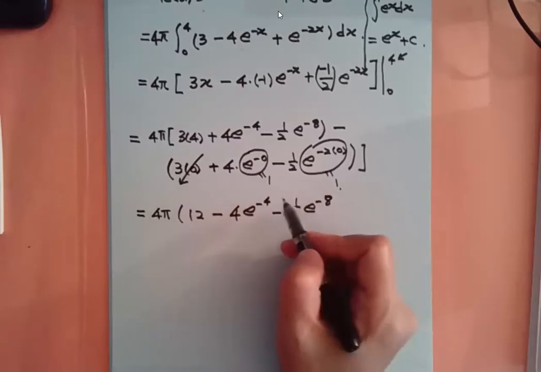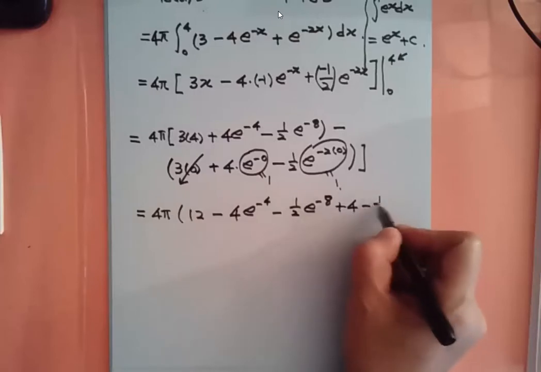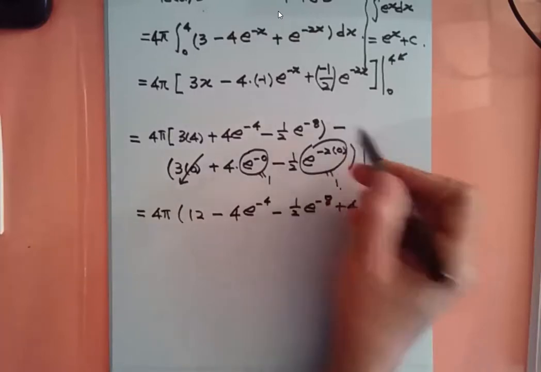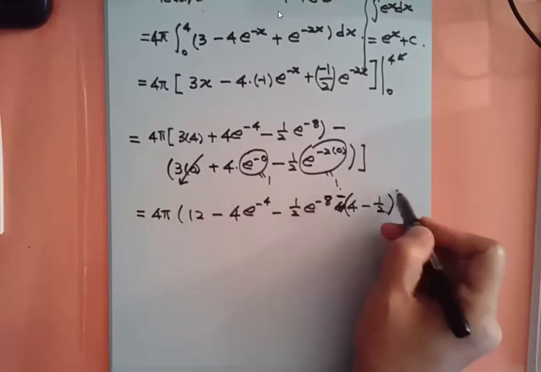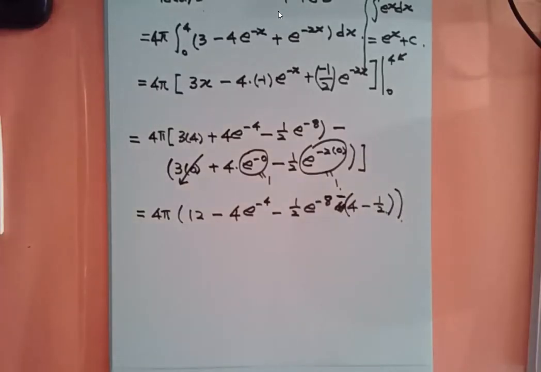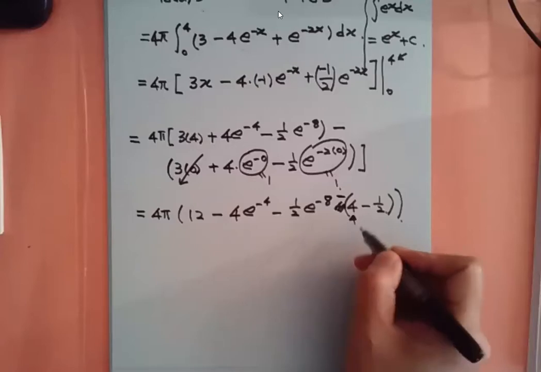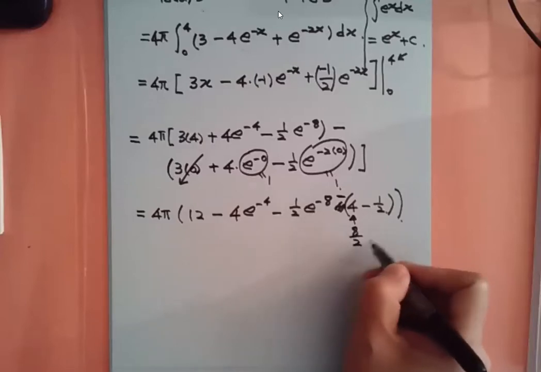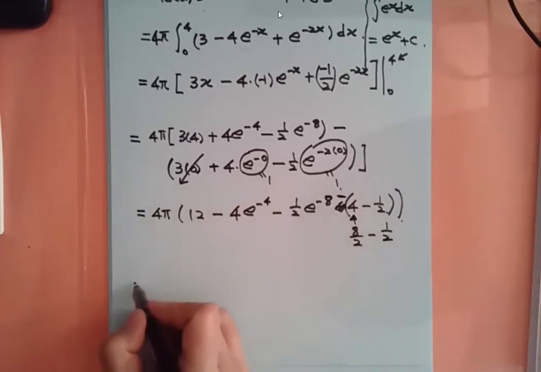And then we are doing 4 minus 1/2, but there was minus, and so we have to put minus and open parenthesis here. Four is 8/2. So 8/2 over minus 1/2.